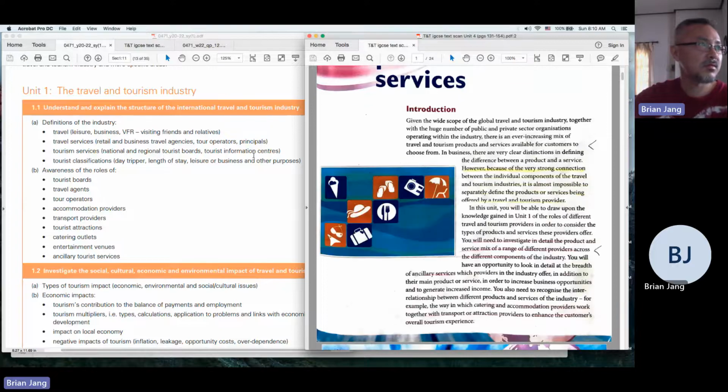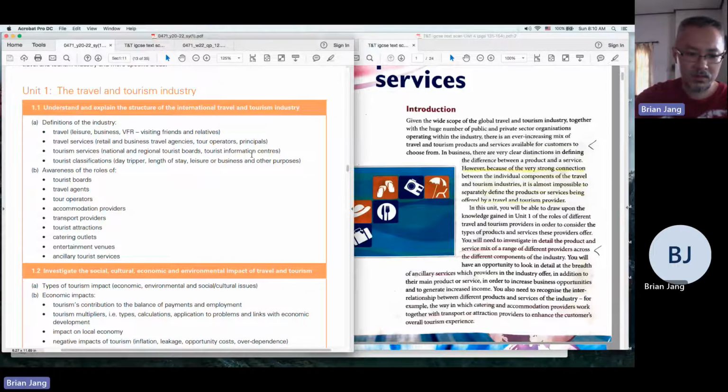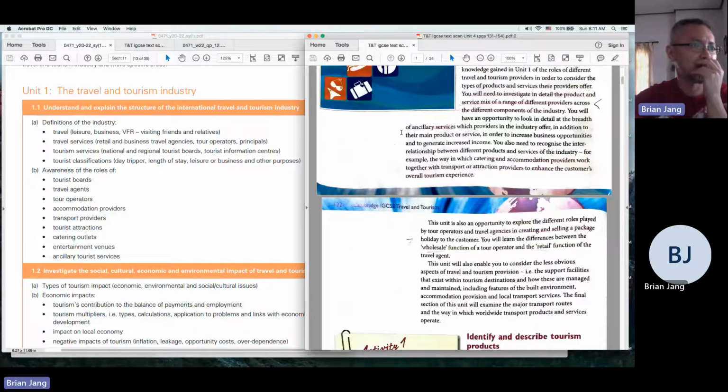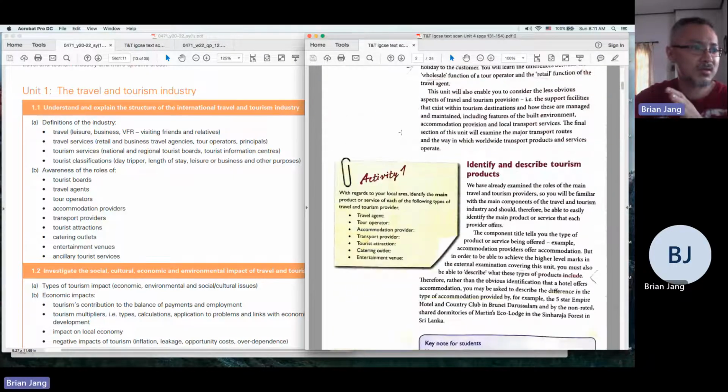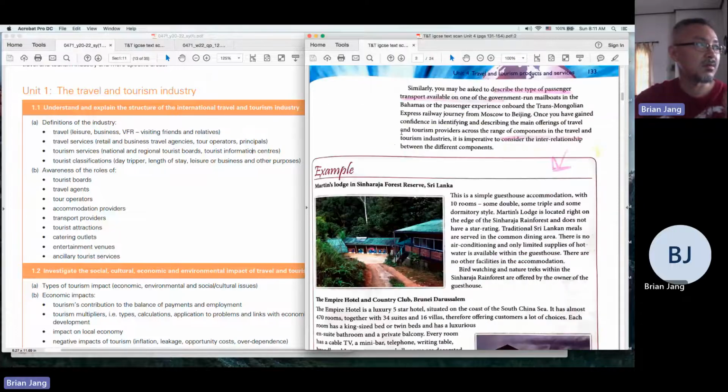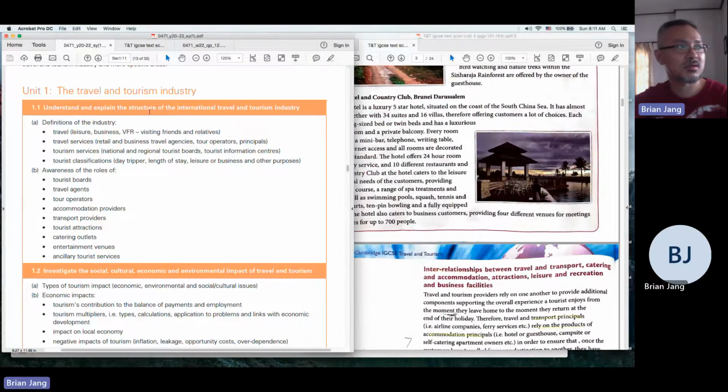So let me first tell you guys that section 1.1 is pages 3 through 17. I think for this first section, the book doesn't give you the headings like the syllabus does. It says 1.1, understand and explain the structure of the international travel and tourism industry.